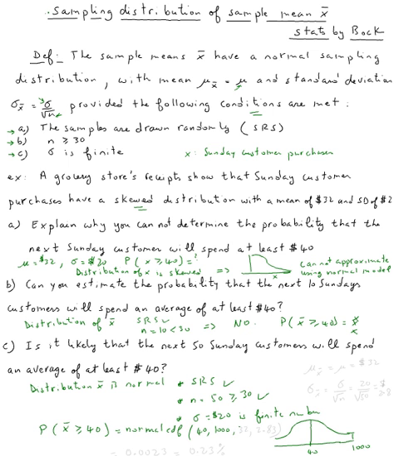We know that the mean of x bar is equal to the mean of the population, which is $32, and the standard deviation of x bar is equal to the standard deviation of the population divided by square root of n, which is 20 divided by square root of 50.